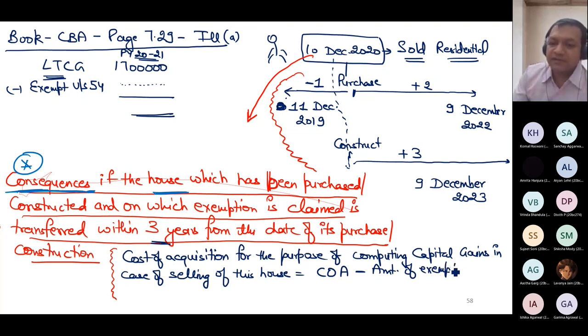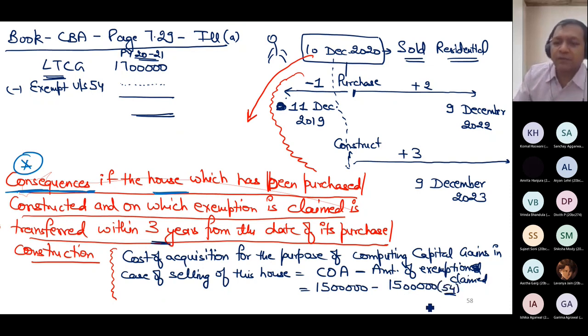And then government says whatever exemption you have claimed, indirectly we will take back that exemption. Though government says your cost should have been 15 lakh, since you have already claimed exemption from us, we will take back this exemption which you have claimed under section 54.